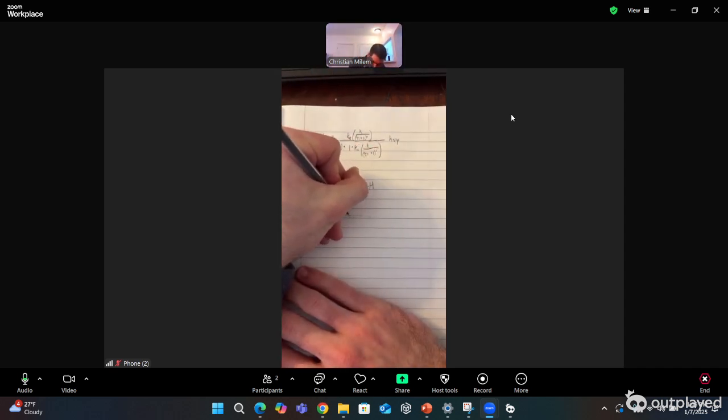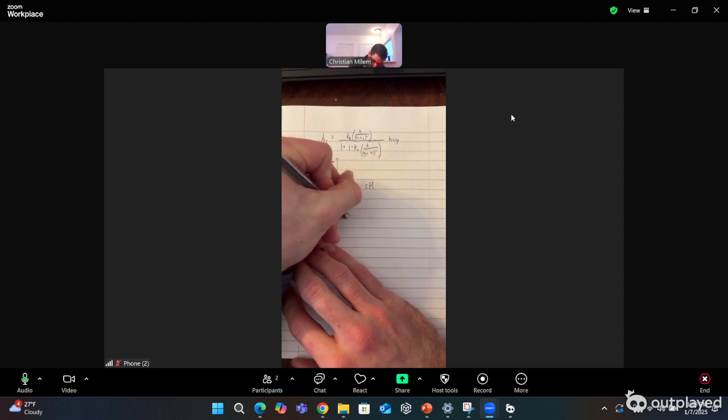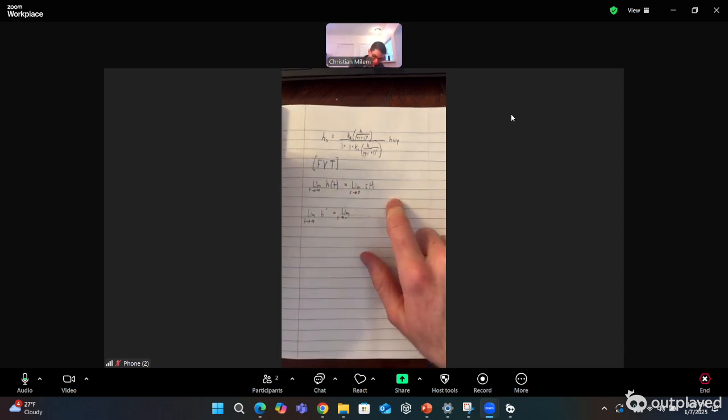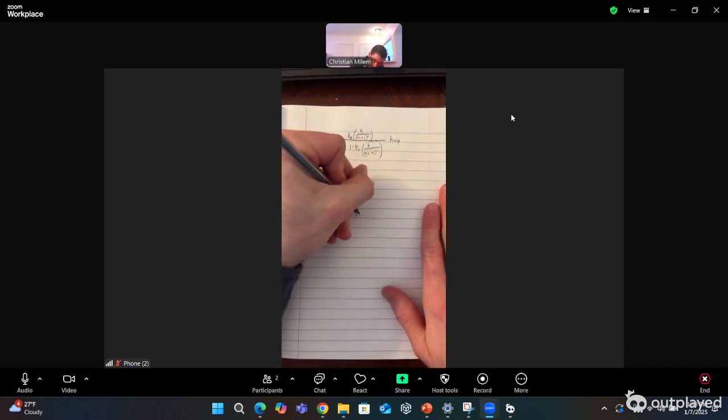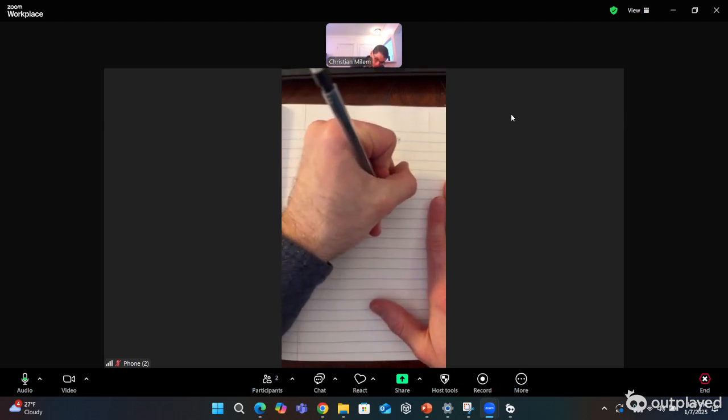To the limit as s goes to 0 of our Laplace transformed h, which is going to be s times our transfer function.